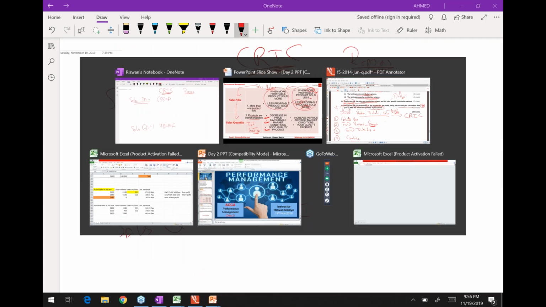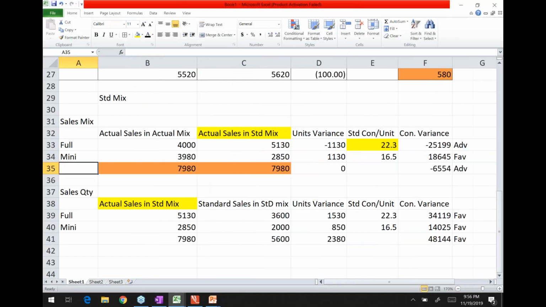So you see here, in our answer, mixed variance highlighted the mix difference, the difference between actual mix and standard mix. And the sales figure was the same, 7980 here, and actual sales 7980 here.